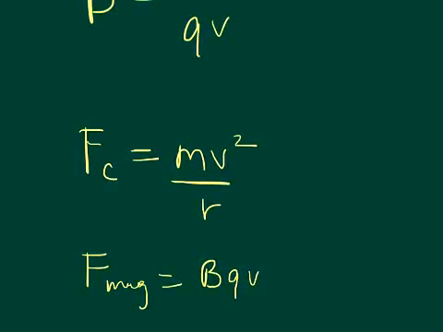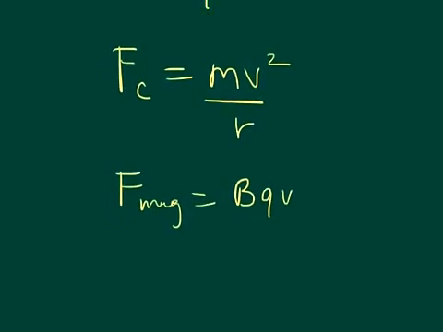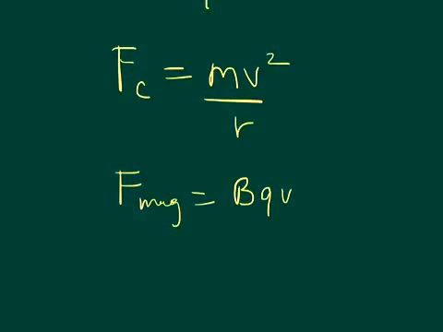Solving for the magnetic force in that earlier equation, we have BQV, and we have the centripetal force. What did we do to these two? We set them equal, because the magnetic force is what keeps the object in circular motion.